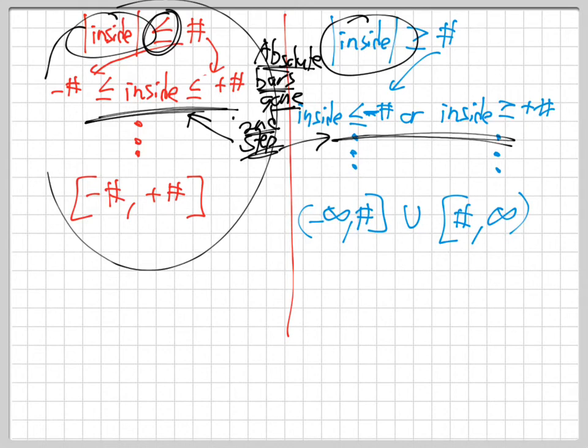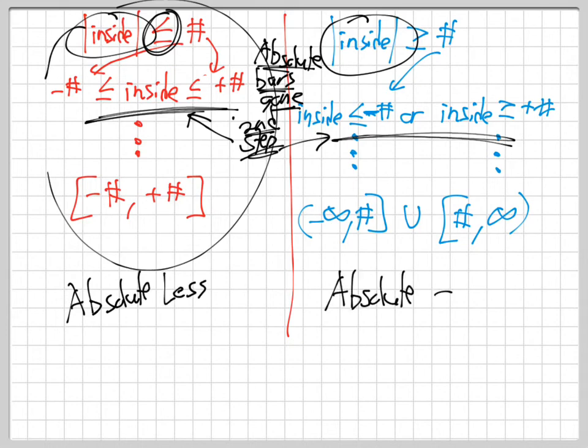You tracking with me? I'm showing you what to do if you have absolute value less on the left, absolute value greater on the right. This, right? This is absolute less, and this is absolute greater. You seeing the differences there? So we're doing absolute value less.